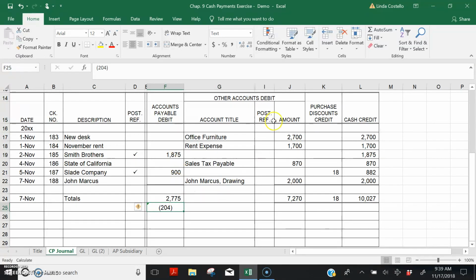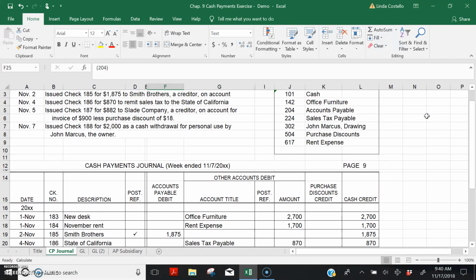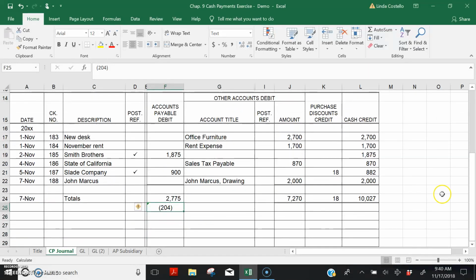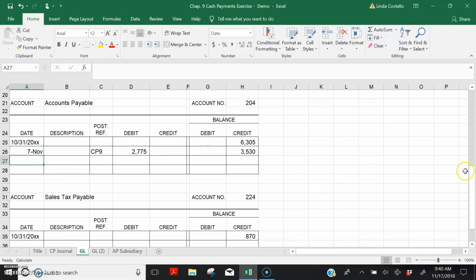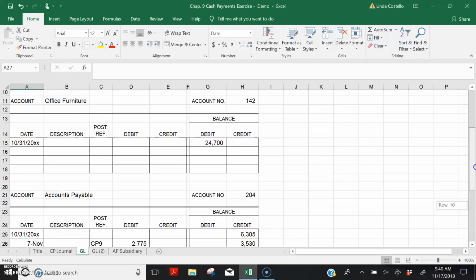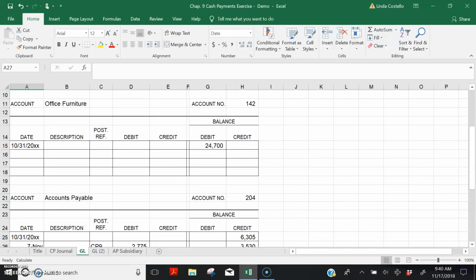Next, we want to post this $2,700 debit to office furniture. Office furniture is account 142. Turn to account 142 in the general ledger. Date November 7th, CP 9.